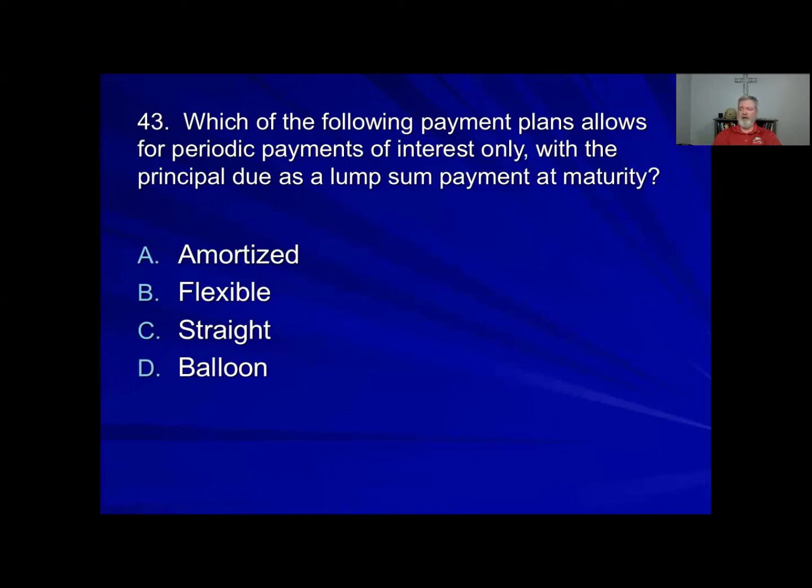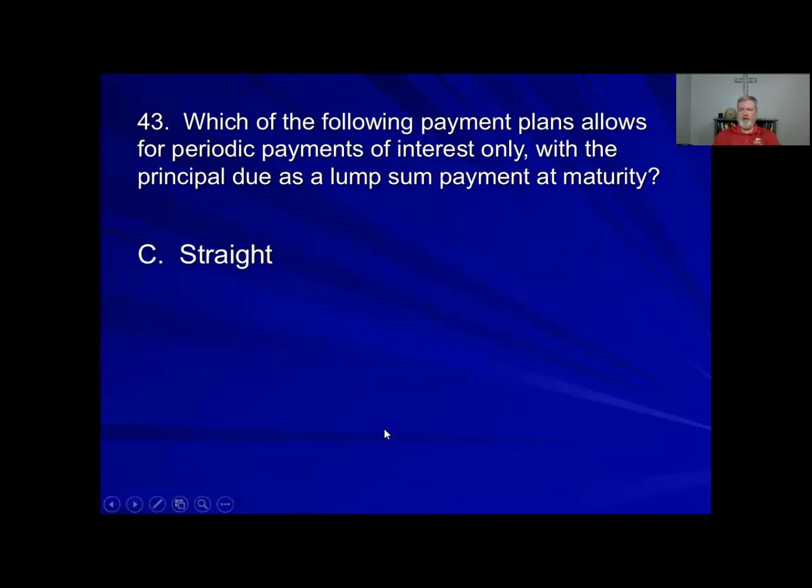So flexible is not right. A straight term mortgage, that is an interest only loan. And then balloon, there's no balloon loan. There are balloon payments, but no balloon loan. The right answer should be C, a straight term mortgage. Again, that is an interest only loan. No principal is included, so you're not paying off any debt. You're just paying the interest on the debt.